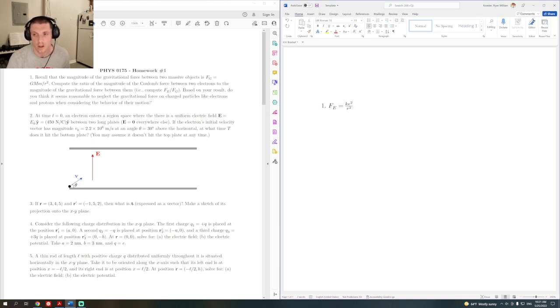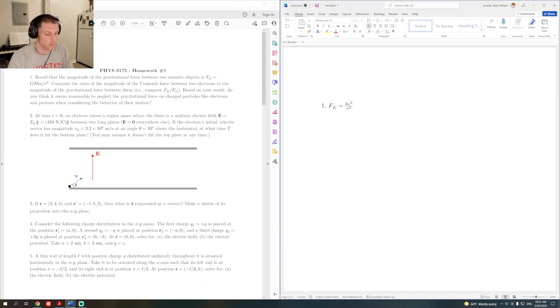You also need to know the Coulomb constant, the fundamental unit of charge, e, and the universal gravitational constant. But if you have all that, it's just a matter of plugging the numbers in, and you should find that the gravitational force is much, much weaker than the electric force.